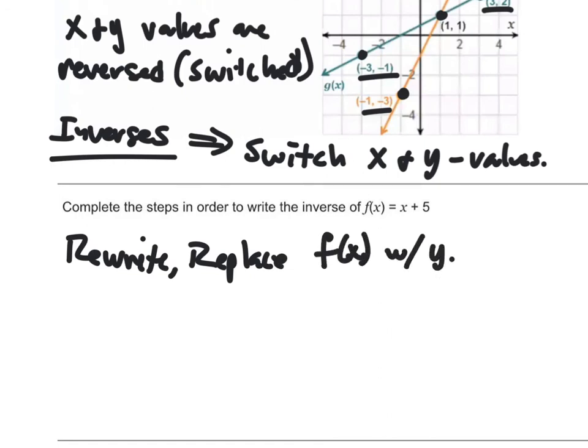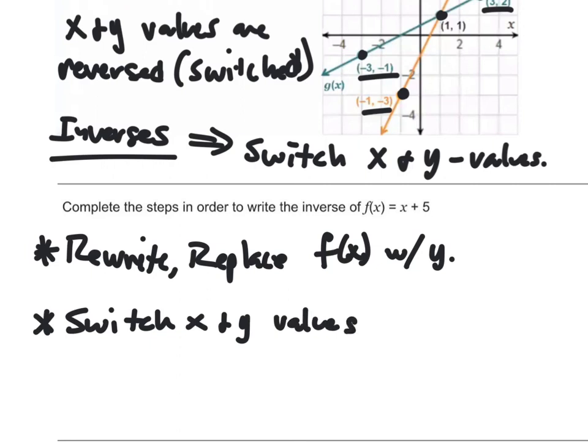That's the first step. The second step is switch x and y values. And the third step is to then solve for y.